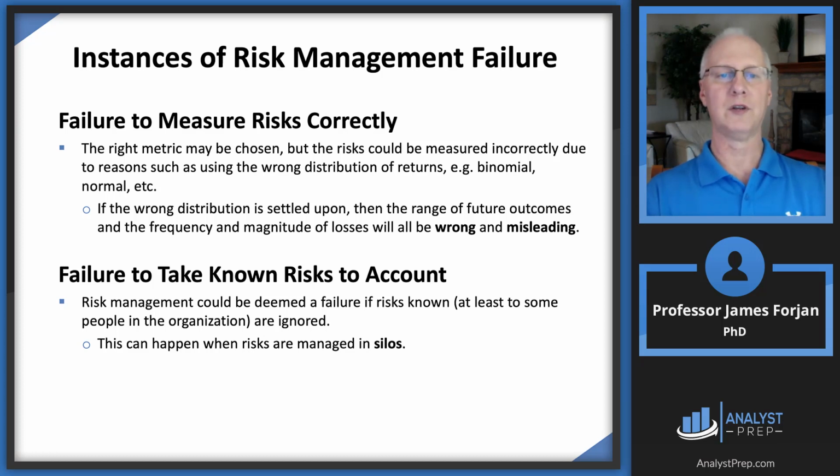If the wrong distribution is assumed, then the range of future outcomes and the frequency and magnitude of losses, not only will they be incorrect, but they will be misleading. And so notice the third part of my little thing, identify, quantify, and then manage. And so if we're managing those risks, the inputs are going to be misleading.